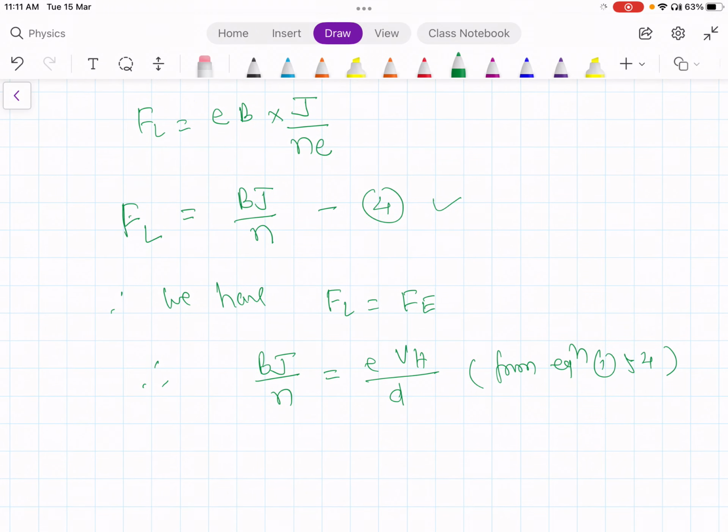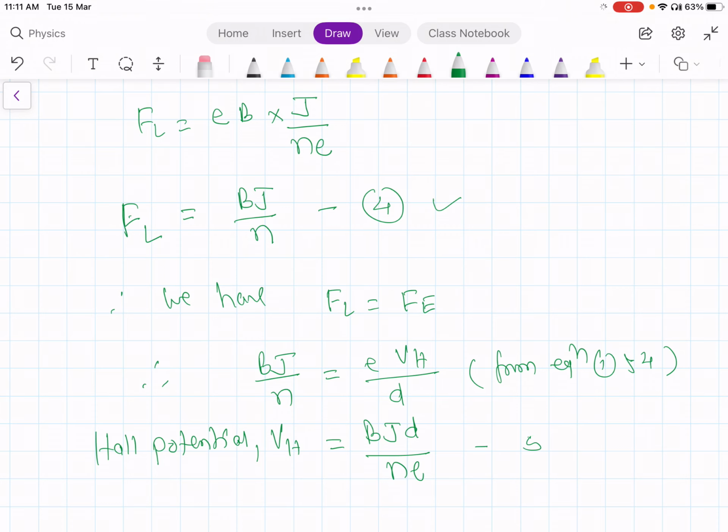Let us simplify this further and write the Hall potential. So Hall potential, which is VH, equals B J d upon N e.